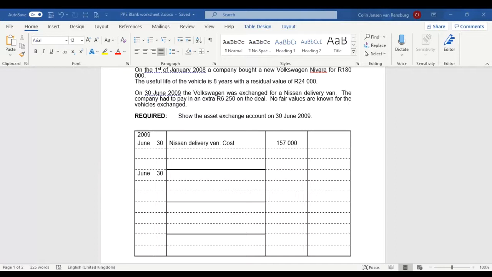In the case of the cost account, does that carry a debit or a credit balance as it stands? Before we record the exchange entries, as it stands, the cost, does it carry a debit or a credit balance?